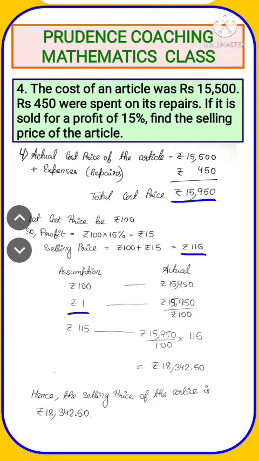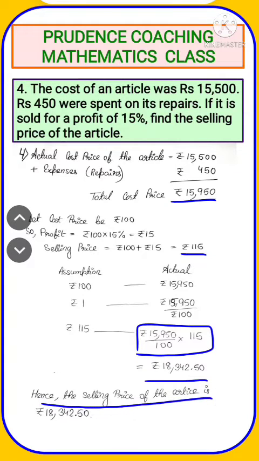So the value of 1 is this one, so the value of 115 will be the value of 1 multiplied by 115. After calculating this value, we will get rupees 18,342.50 paisa, that is the selling price of the article.